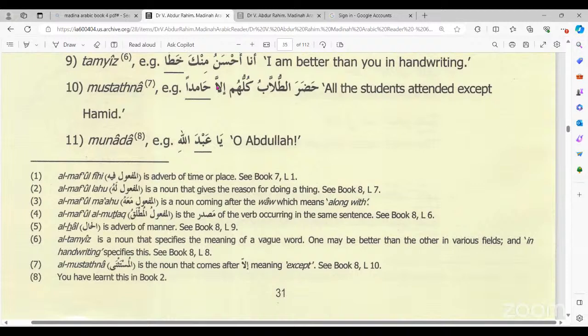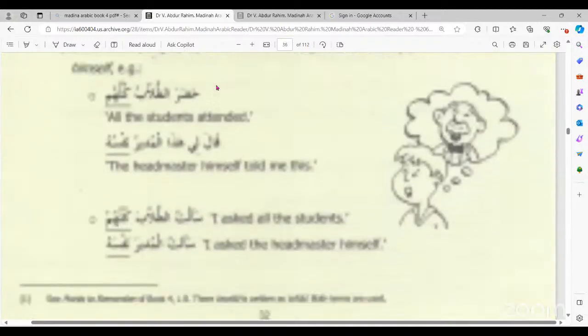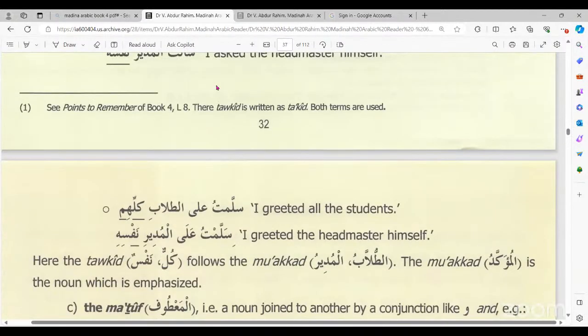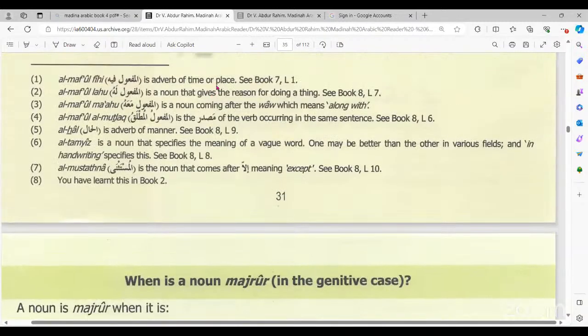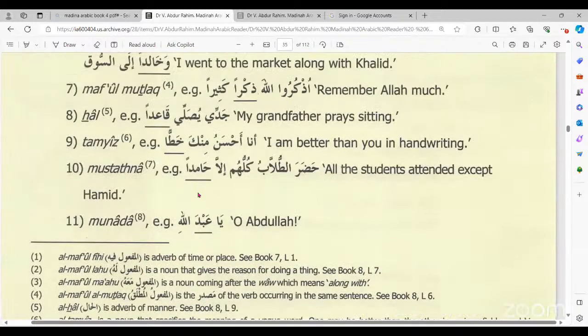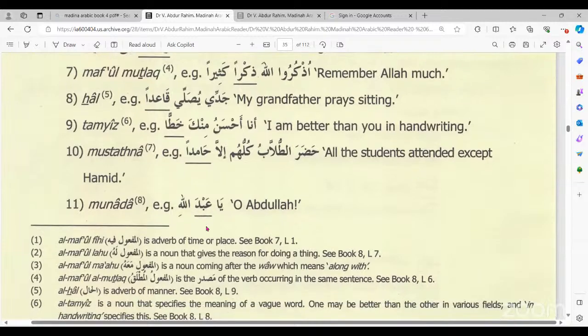Can you repeat that word? Munada is called this because in the book it says particle of explanation. So Ya itself is for calling, and Abdullah. So it should have been Abdullah, and it's now becoming Abdullah itself.